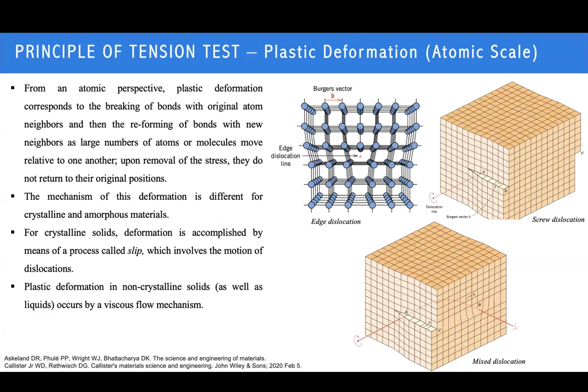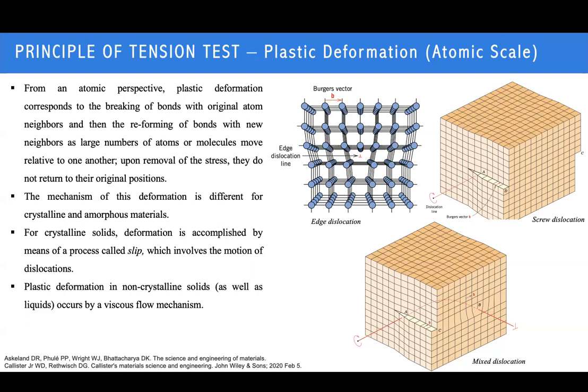But this kind of deformation depends on whether the material is crystalline or amorphous. For crystalline solids, deformation is accomplished by the process of slip, the slip system. This involves different kinds of dislocation. But plastic deformation in non-crystalline solids occurs by means of a viscous flow mechanism.